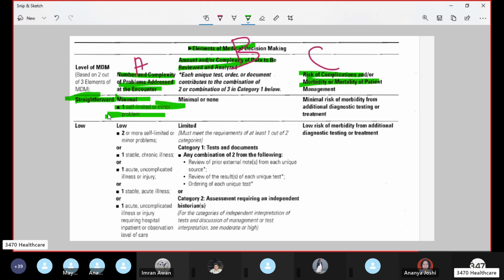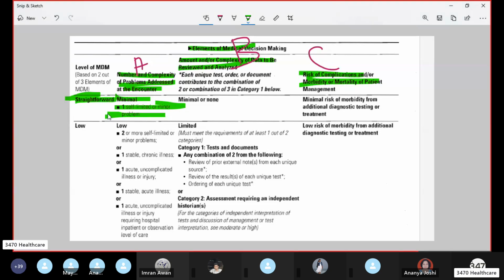One self-limited or minor problem means that for this condition there is no need for medical attention from doctors. Without seeing a doctor, that problem will cure automatically.